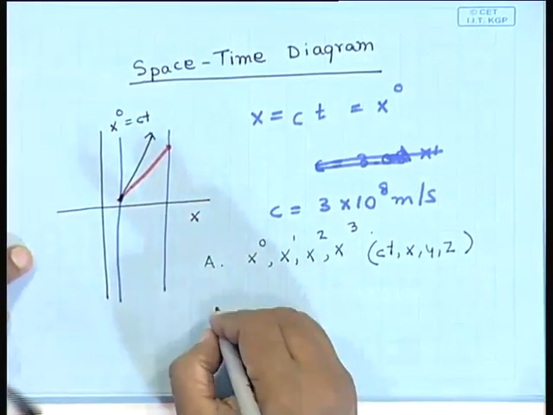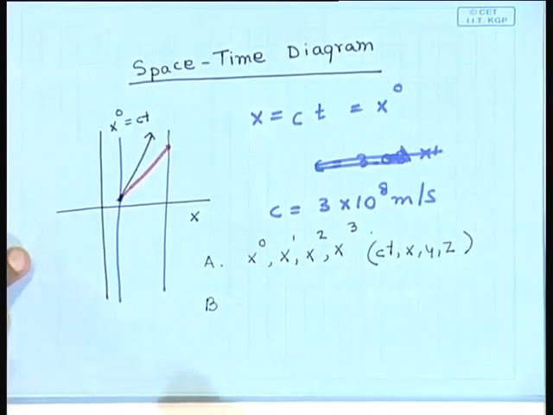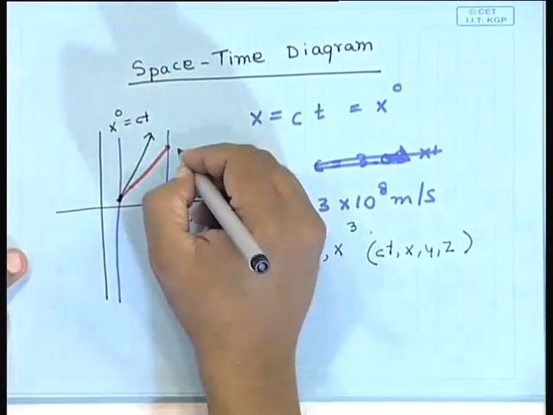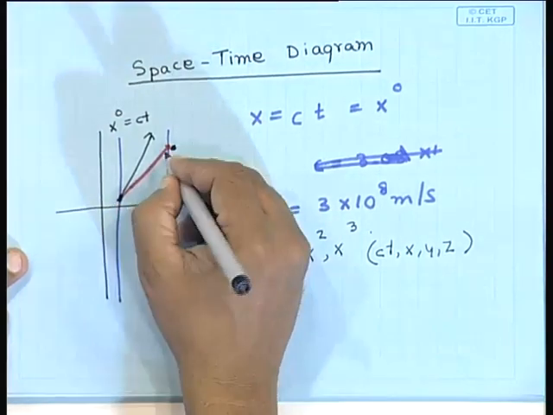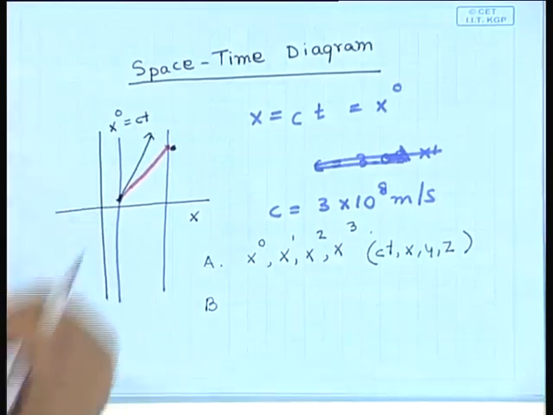And another event B is this, let us say this event, they are infinitesimally close. So, the light which is emitted from the star, let us say it reaches some other point, it is observed by you. Okay, that would be a different event at a later time. So, let us consider two events which are infinitesimally close.